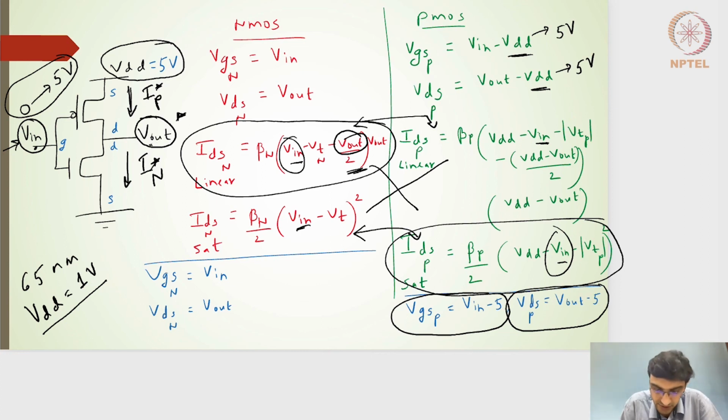It depends on this V output, and V output is a variable itself. We don't know whether it is closer to VDD or closer to 0 volts, or if this is 5 volts, whether it is 2.5 volts or 1 volt or 2 volts. With some experience, we should be able to match those currents.